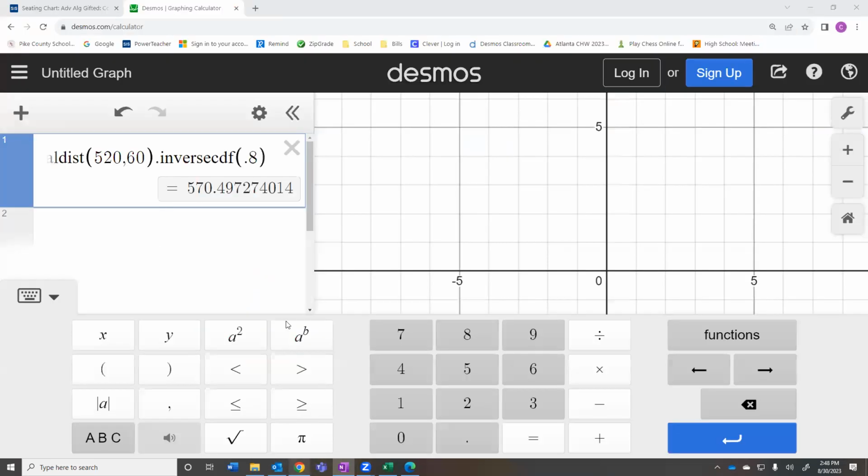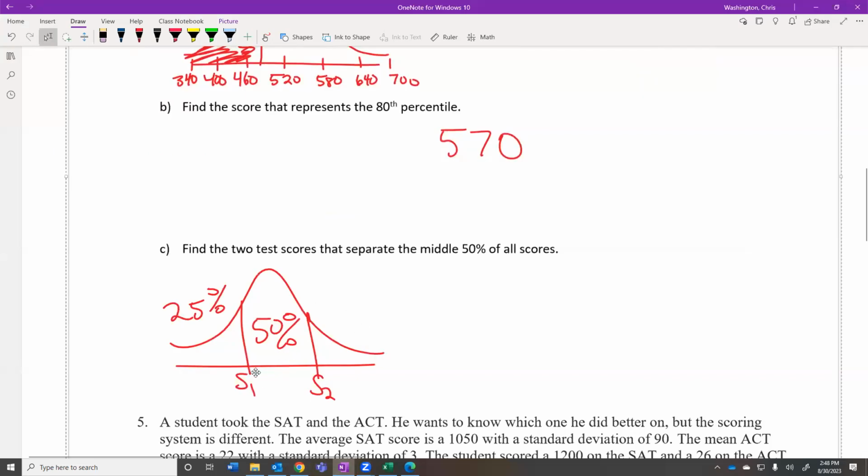So go back to Desmos. The only thing we need to change is the 0.8 to 0.25. We get a 480. So a 480 would get me this first score. Now the second score. What would we type in for the second score? We would have to add the 25 and the 50 together, which I think is what I heard.